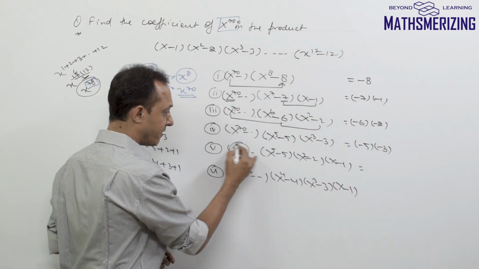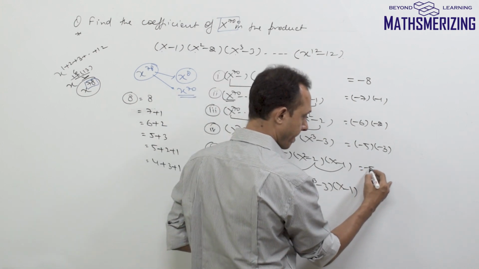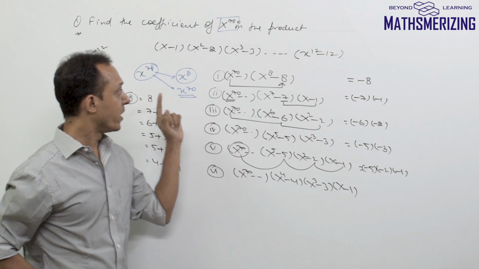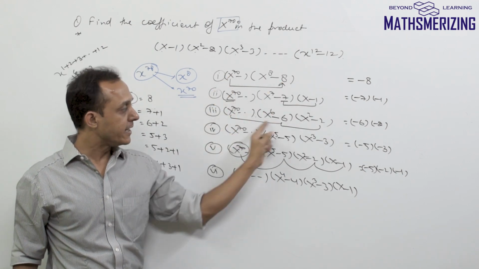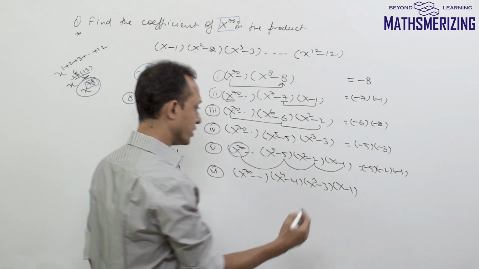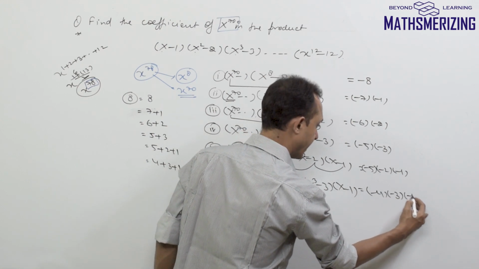Here x to the power 70 has to be multiplied with minus 5, minus 2, minus 1. Because that's the constant term, right? What we are doing is multiplying this x to the power 70 with a constant term in each of these expressions. So that's how we are going to get the coefficient of x to the power 70. Now in this case it will be minus 4, minus 3 and minus 1.